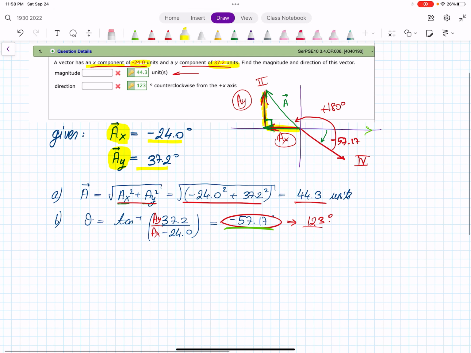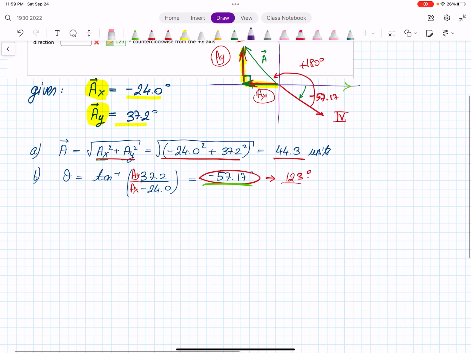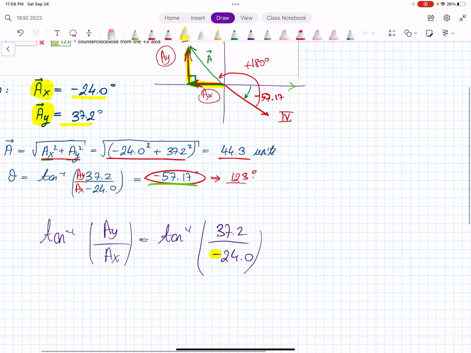Now, if you want to know why your calculator makes this mistake, just continue watching. We have the equation arctangent of A sub y divided by A sub x, arctangent of 37.2 divided by negative 24.0. Notice where your negative value is.